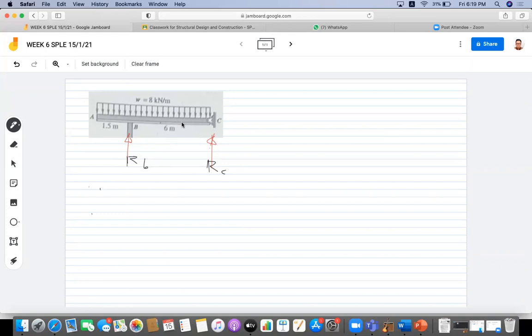So we take moment. If we take moment at C, we can compute RB. If we take moment at B, we can compute RC. So we take moment here at C equals to 0.